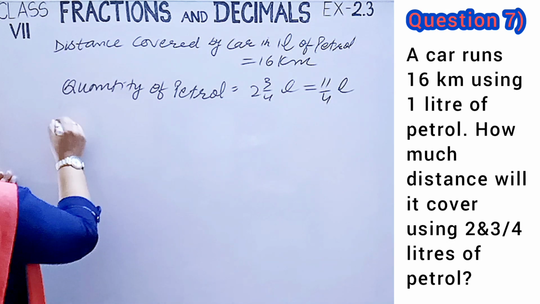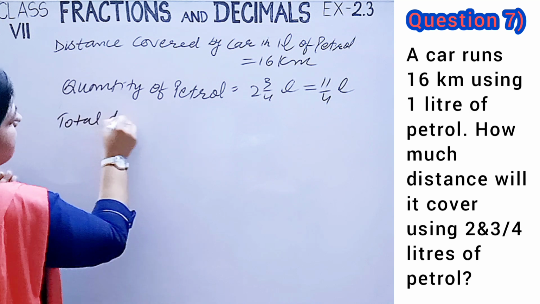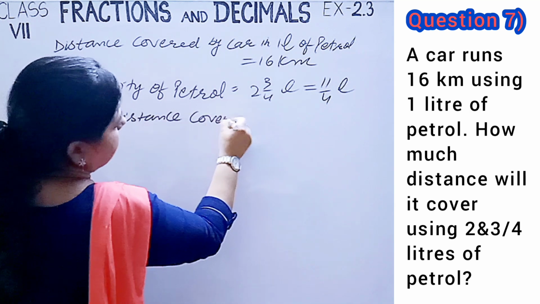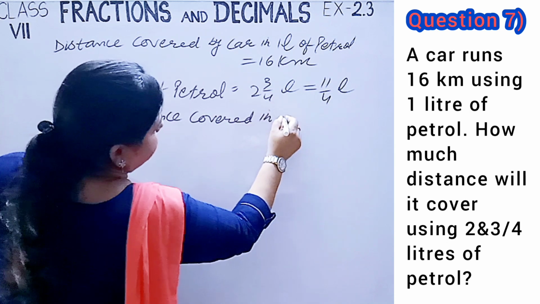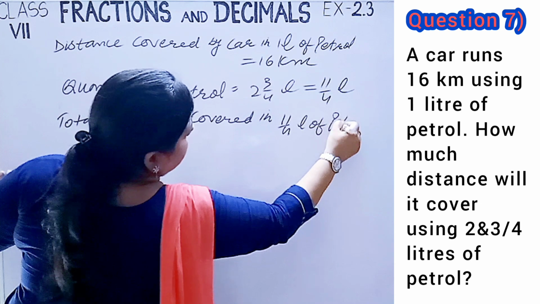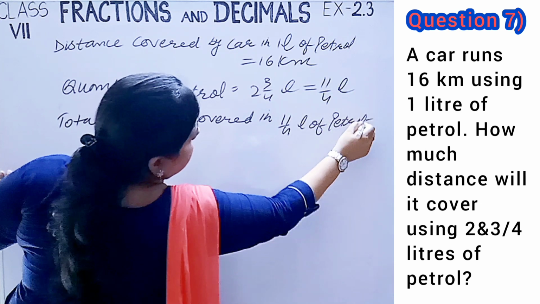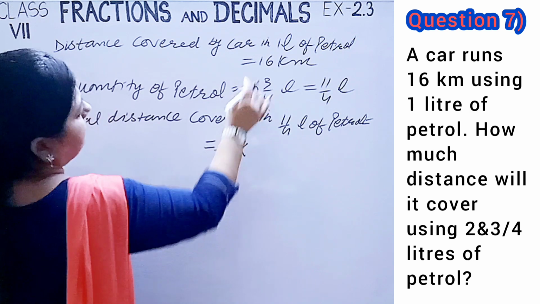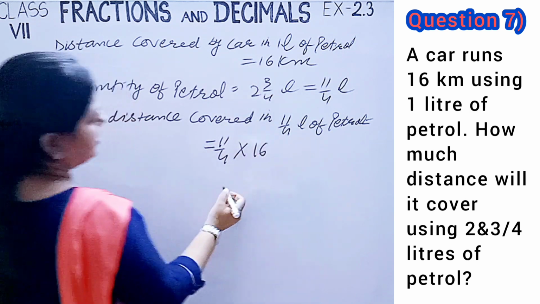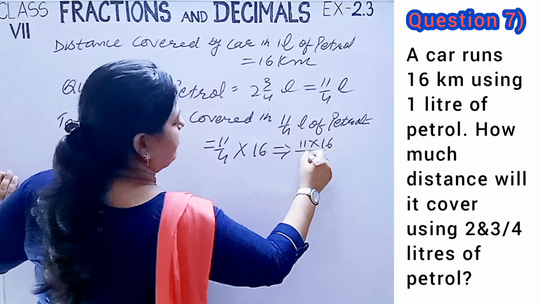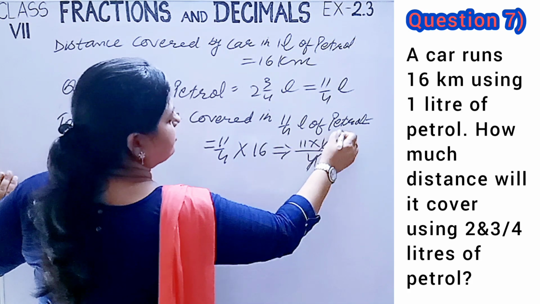So the total distance covered in 11/4 liter of petrol is equal to 11 by 4 and the distance is 16. So here 11 into 16 upon 4. 4 ones are 4, 4 fours are 16.